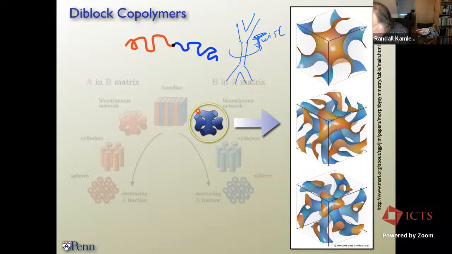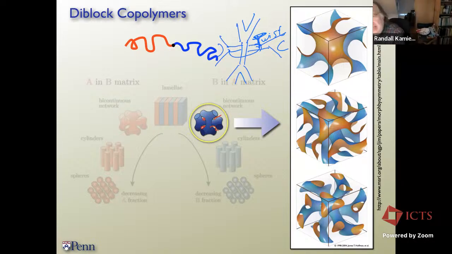There's this node, and they're rotated with respect to each other. And then you have two interpenetrating networks of blue polymer that are passing through each other, like so. And in between, it's all red polymer.